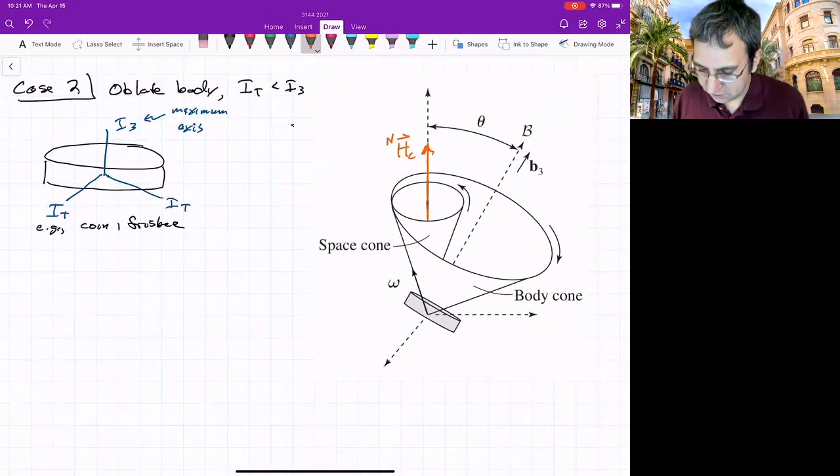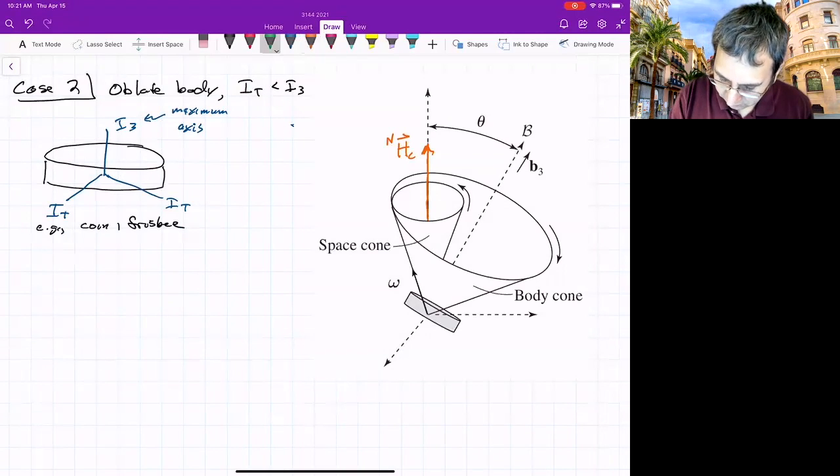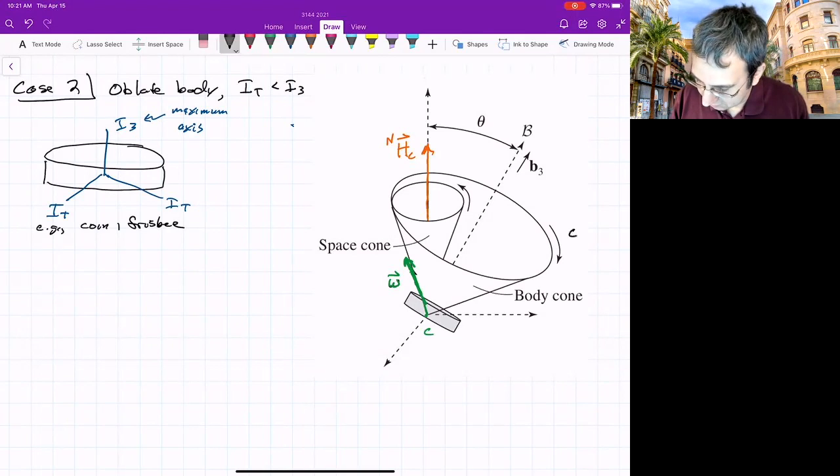We've got this axis of symmetry, B3, and again, we've got the angular velocity. The angular velocity vector is the intersection of the two cones, but now they move differently. This is about the center of mass. We've got the spin rate, and this is still the body cone. The spin rate's going in another direction.